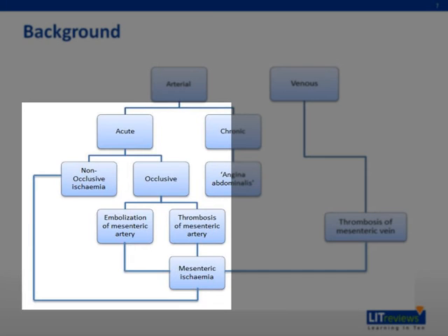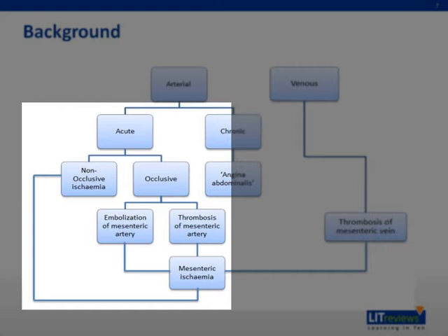Acute mesenteric ischemia refers to the sudden onset of intestinal hypoperfusion, which can be due to occlusive or non-occlusive obstruction of arterial or venous blood flow. Occlusive arterial obstruction is most commonly due to emboli or thrombosis of mesenteric arteries, while occlusive venous obstruction is most commonly due to thrombosis or segmental strangulation.